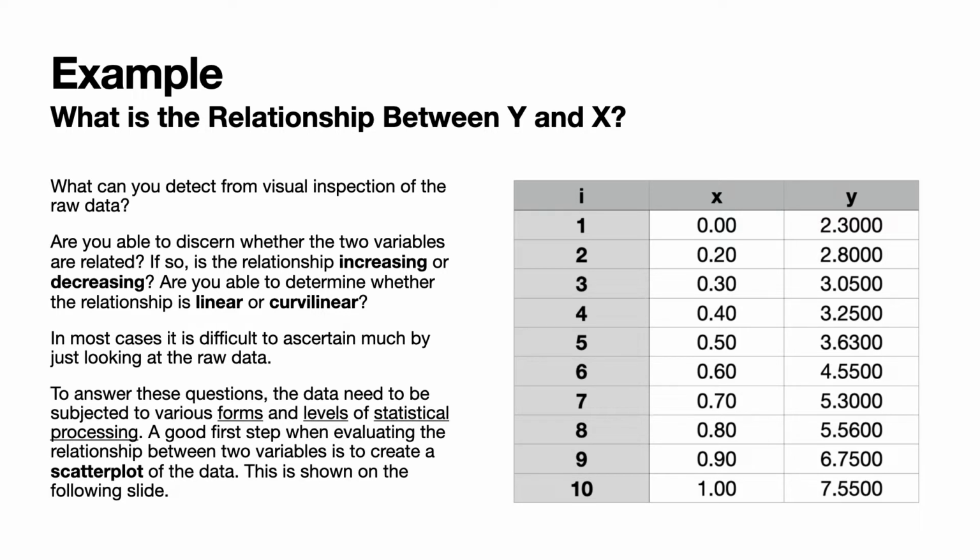And by levels, I mean various levels of complexity, starting with perhaps simple summaries and progressing to more complex approaches such as modeling and hypothesis testing. Now, a good first step when evaluating the relationship between two variables is to create a scatter plot of the data. I've created one, and we're going to see that on the very next slide.